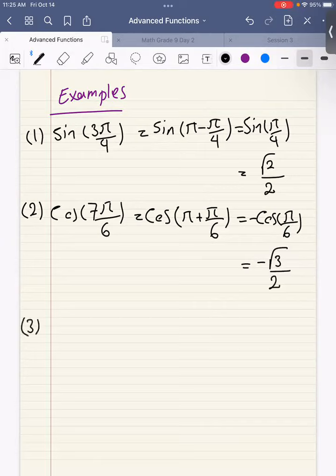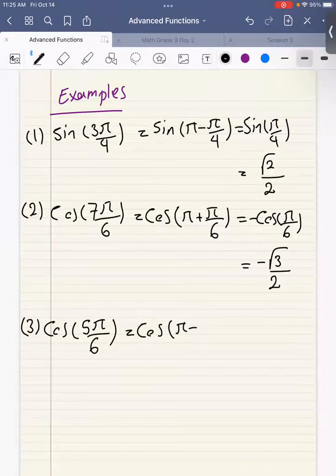If I ask you cosine of 5 pi over 6, what is 5 pi over 6? Pi minus pi over 6.